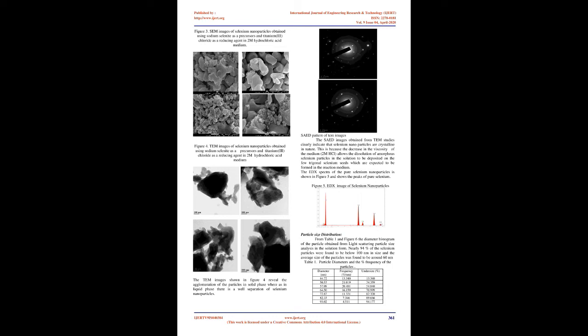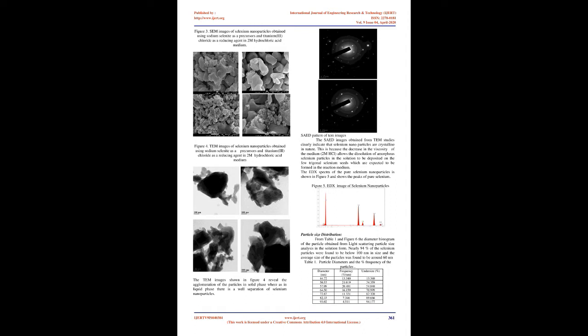Results and discussion. The reduction of sodium selenite or selenium(IV) to zero charged or elemental selenium with titanium(III) chloride in hydrochloric acid medium takes place according to the following chemical reactions. Titanium(III) chloride is only a mild reducing agent under normal experimental conditions.